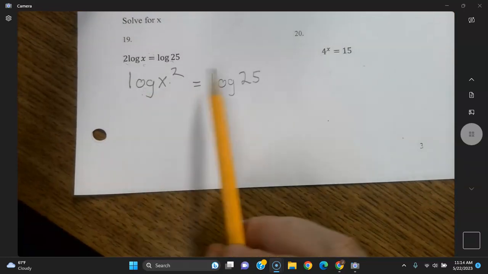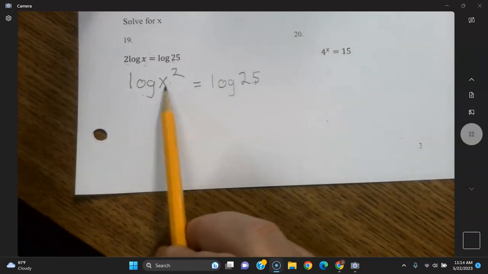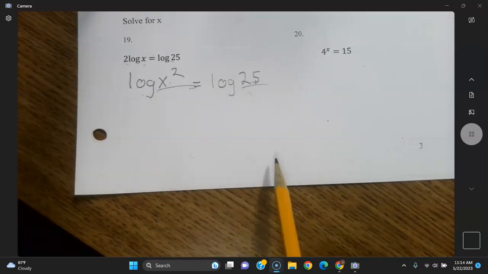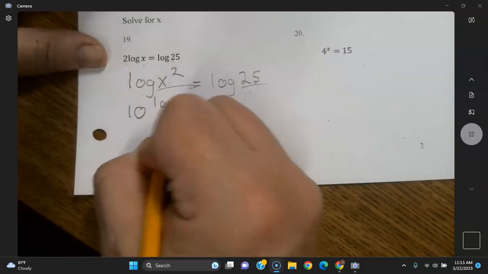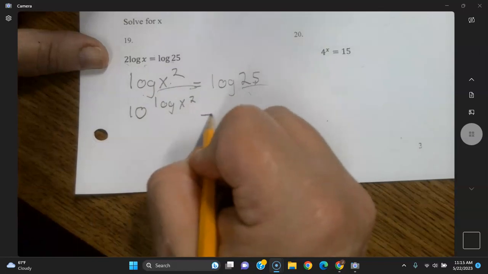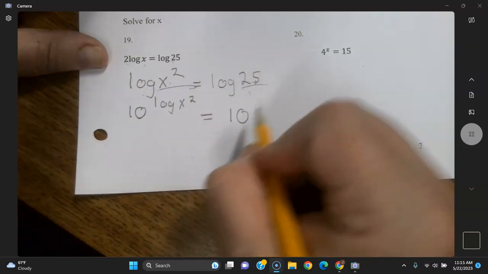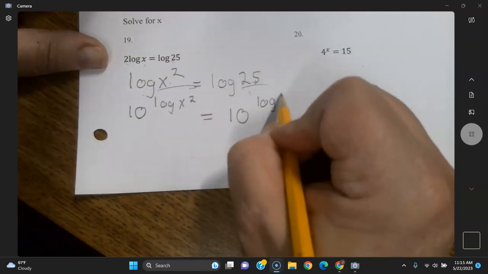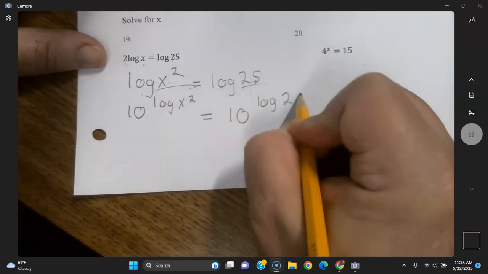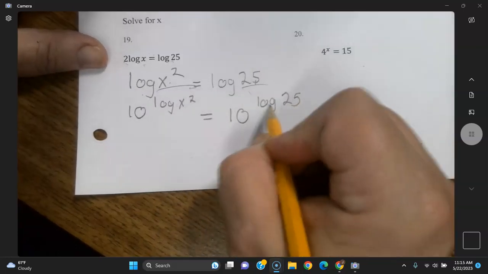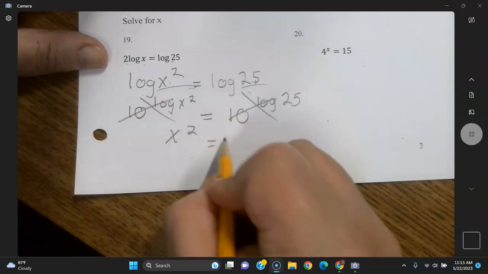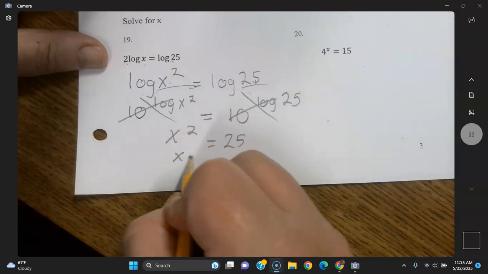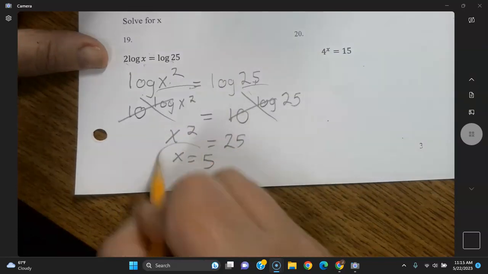If log of x squared equals log of 25, then it reasons that x squared equals 25. They have to be equal to each other. But if you want to use the 10 raised to the log x squared, you can do that. 10 raised to the log 25. The log and the 10 cancel out, so you have x squared equals 25, or x equals 5.